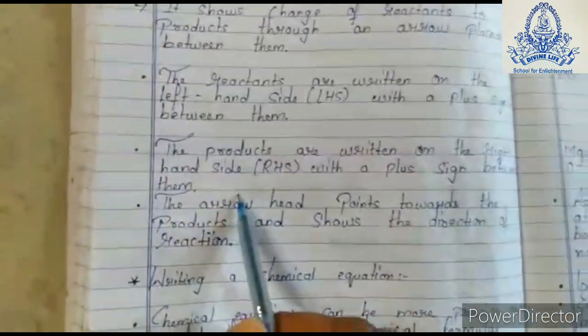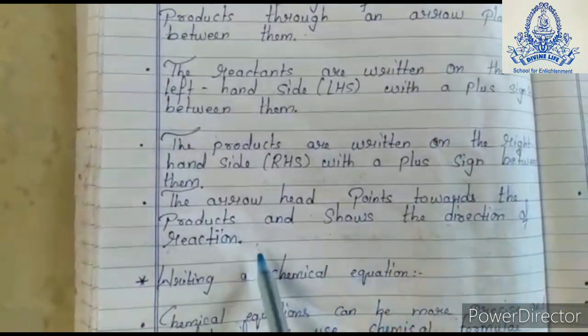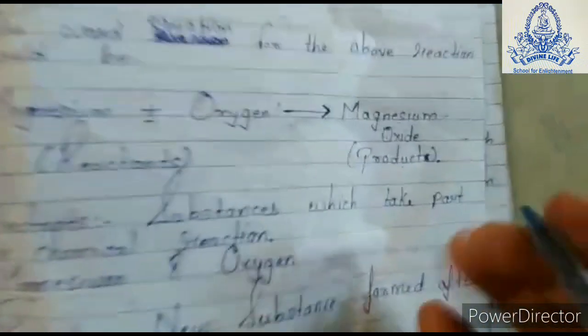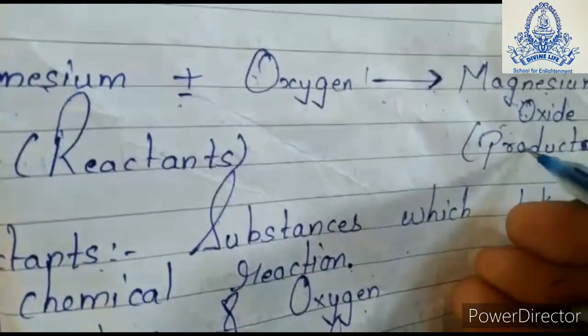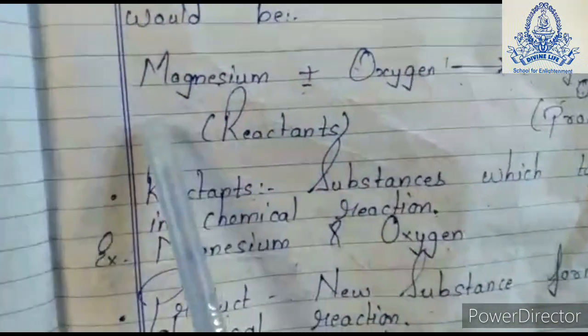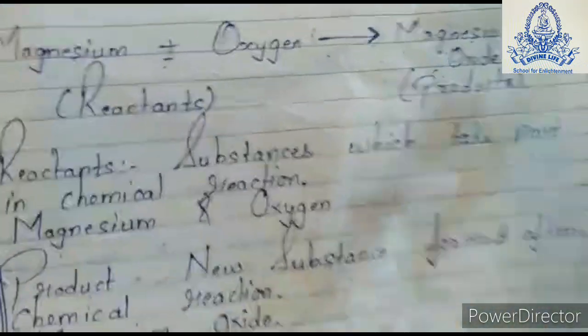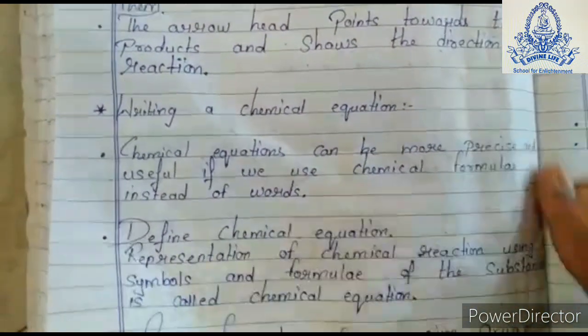Okay, here the arrowhead points towards the products and shows the direction of the reaction. Can you see the arrowhead here? This is the arrowhead. It is all pointing towards the product. Hence, the direction of the chemical reaction is from reactants to the products. Now, let us start another topic, that is writing a chemical equation.